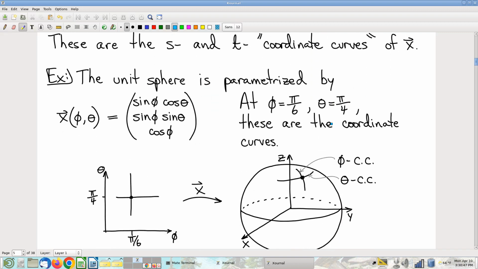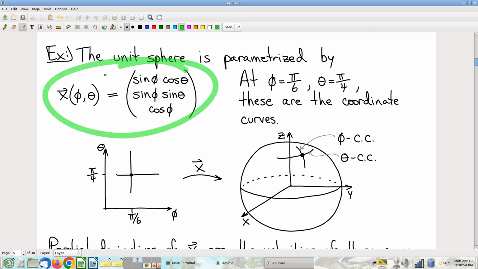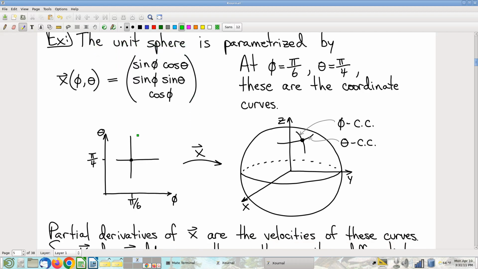Okay, so we talked about the example here. Just to get the ball rolling and see one in real life, here's a parameterization of the sphere. This is the usual rho equals 1 spherical parameterization. Make sure that you're comfortable with how to create that of the sphere. And I believe we talked through the theta coordinate curve, so let me now do the phi coordinate curve. The idea of the phi coordinate curve is that you hold theta constant.